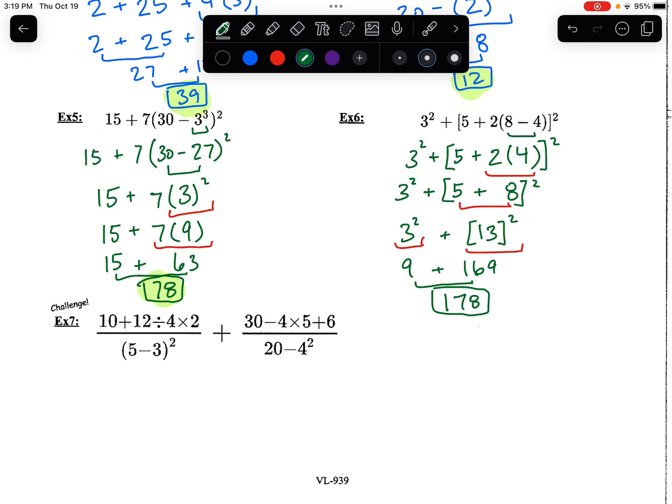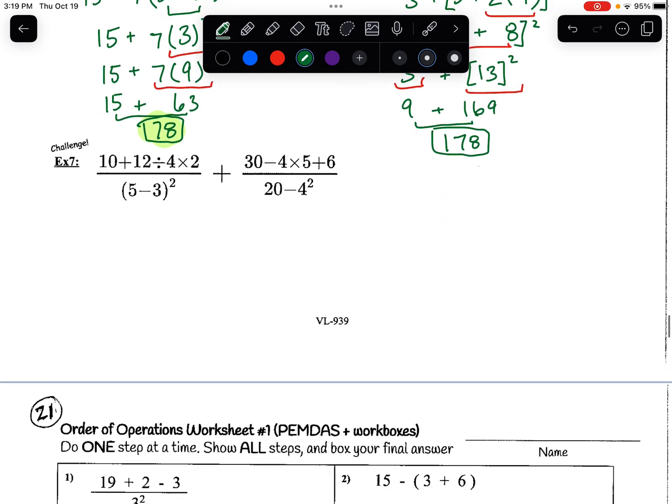All right, last one. We've got this crazy challenge question where we've got a top and a bottom and then a top and a bottom right there. So let's separate. Let's do the top first, and then let's also do the bottom over here as well.